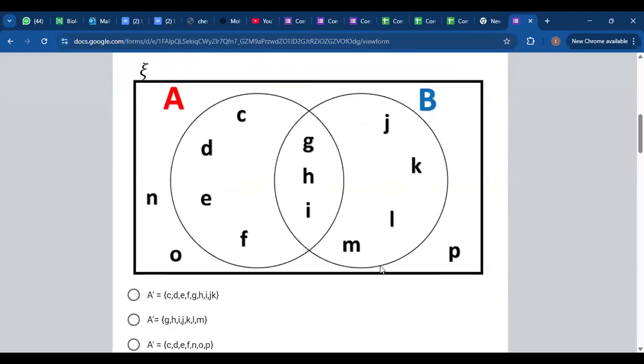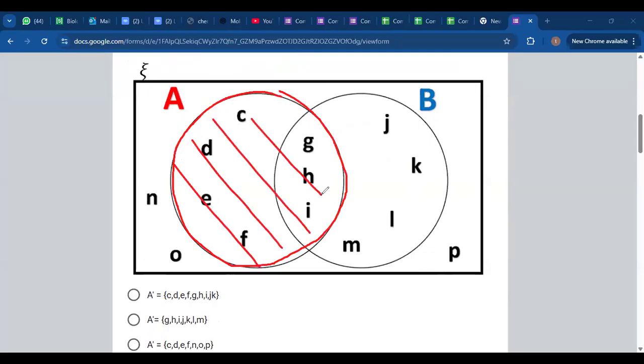Now, this is very important because A complement means that we do not include anything that is inside of A. So everything that's inside of A, we do not include. So do not include this, don't include that.